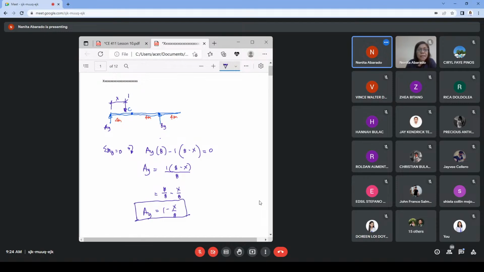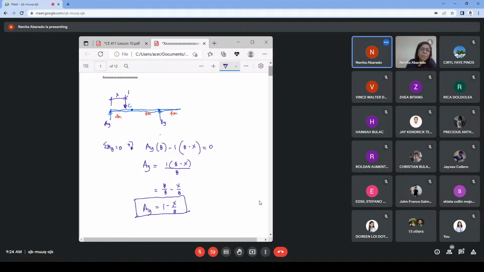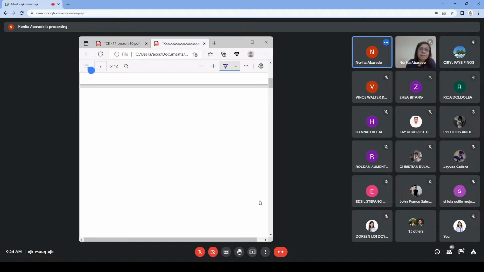Okay. And then, after that, since we need to get the moment, ang gusto nating function ay moment. So, kuhain natin si moment. How to get the moment? Kuhain natin ang section.